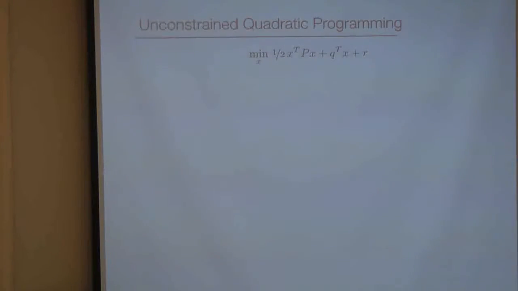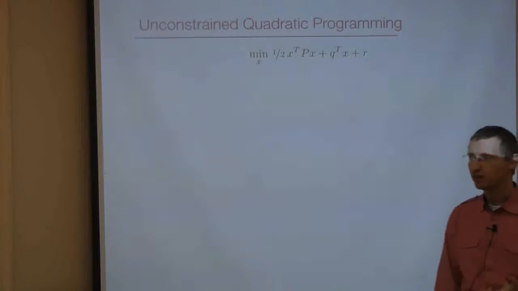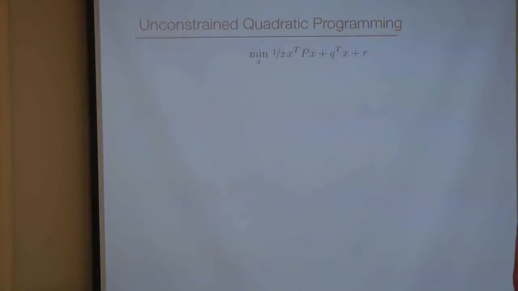And actually, let us now look at how we solve these problems. Let us consider 3 possible scenarios. The first one is the simplest one. Let us assume there are no constraints. Now try to reach several lectures back.